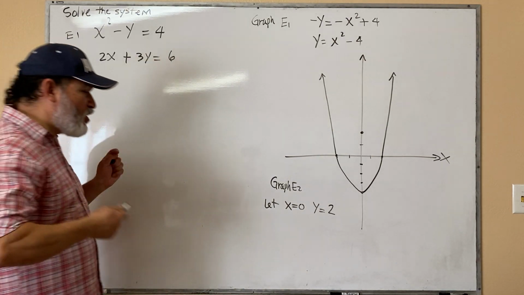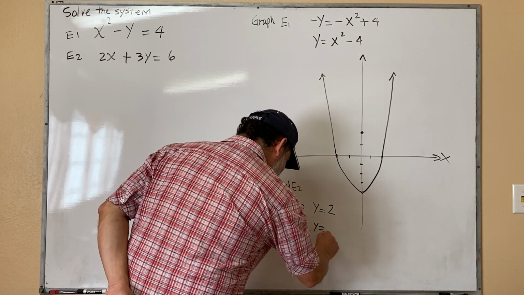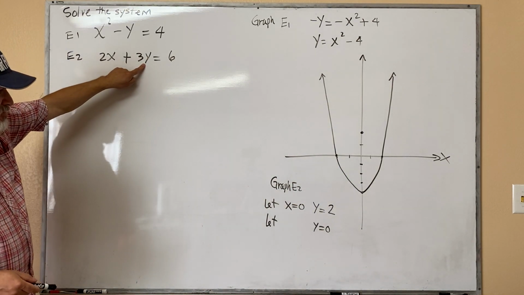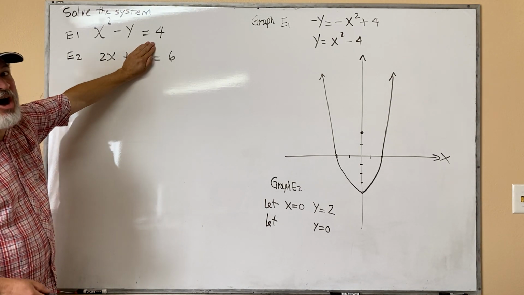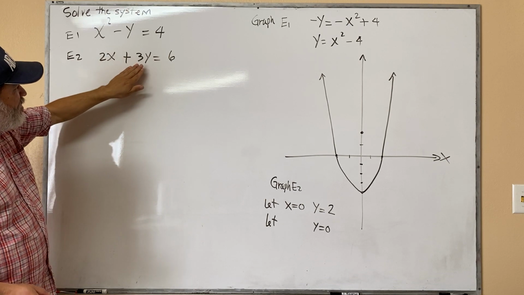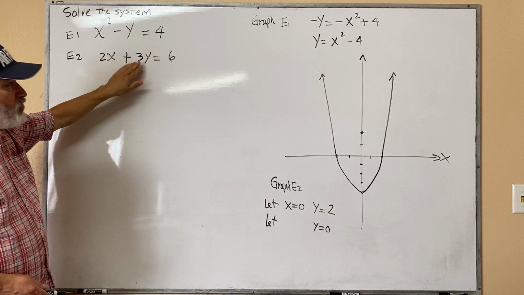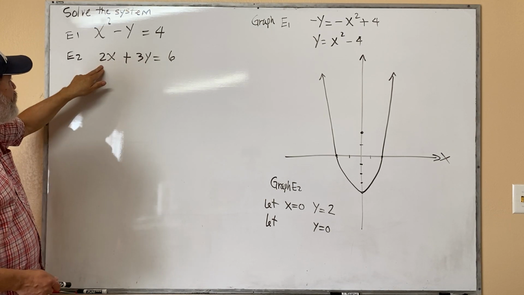Let y be 0. Okay? If y is 0, this is 0. That's gone. Ignore this because y is 0. It's not there anymore. 3 times 0 is 0. X is 6 divided by 2, which is 3.